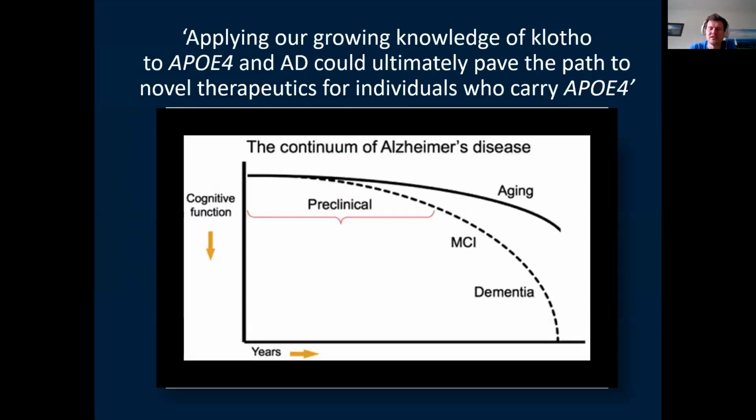I've got a reference there from Sperling et al: this idea that there's a continuum of Alzheimer's disease, and it should be evident to some extent in cognitive ability before someone even starts to come up with frank Alzheimer's disease or dementia. So our results don't really correspond to that if Klotho does have a real offsetting effect on ApoE in Alzheimer's disease.